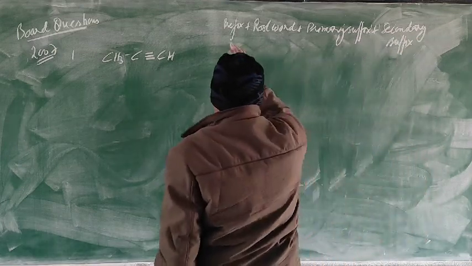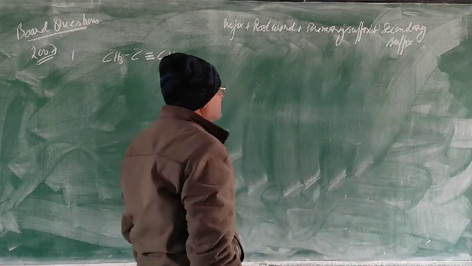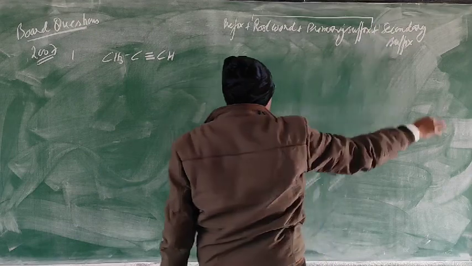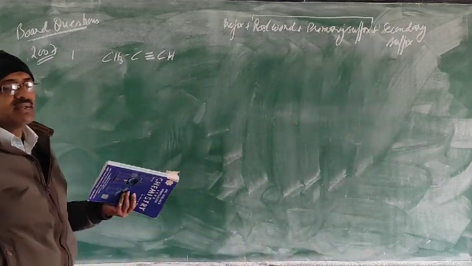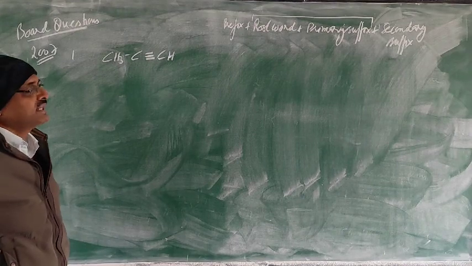The prefix is used for substituents and the secondary suffix is used for the functional group. The root word gives the number of carbon atoms in the chain, and the primary suffix gives the bonding: single bond is ane, double bond is ene, triple bond is yne.